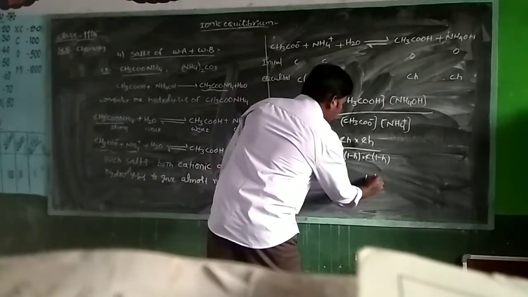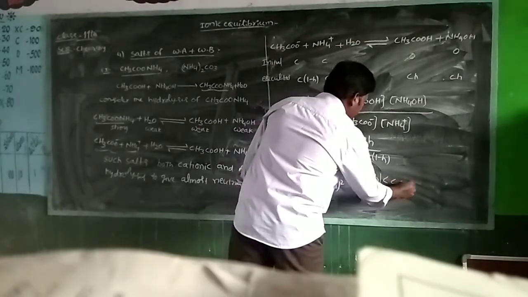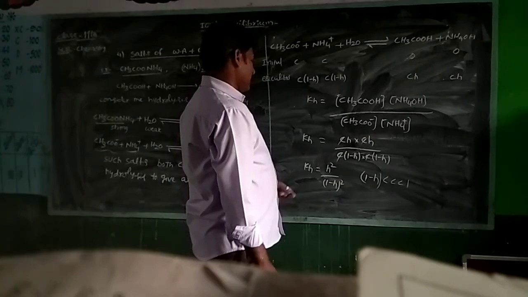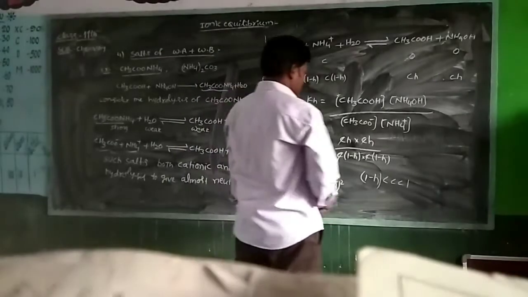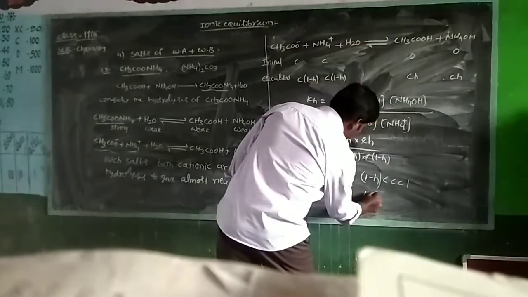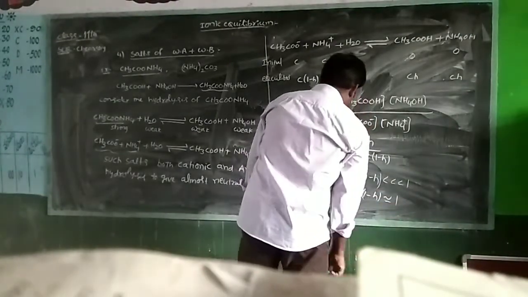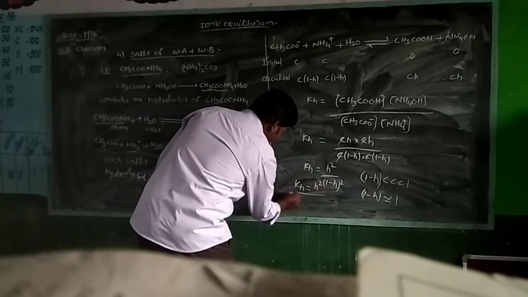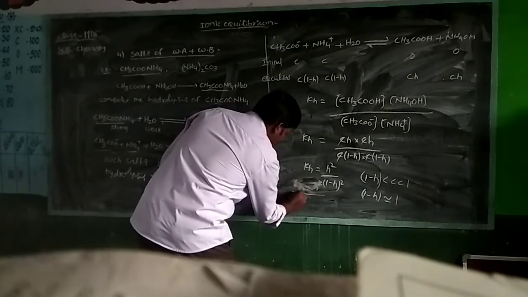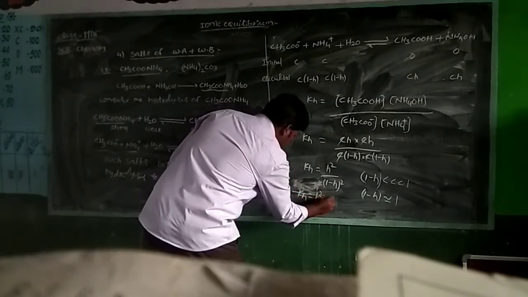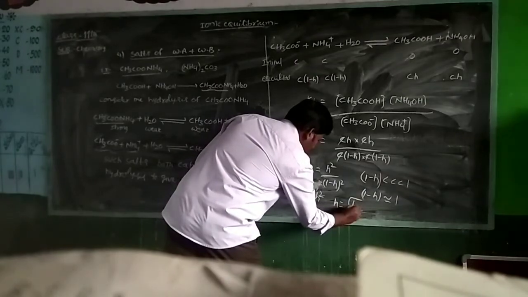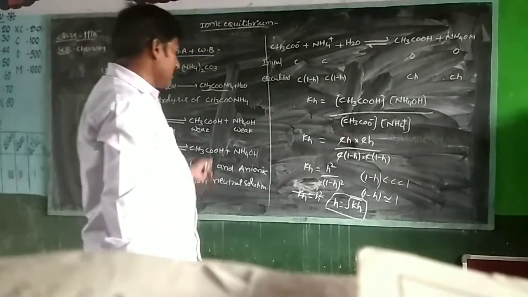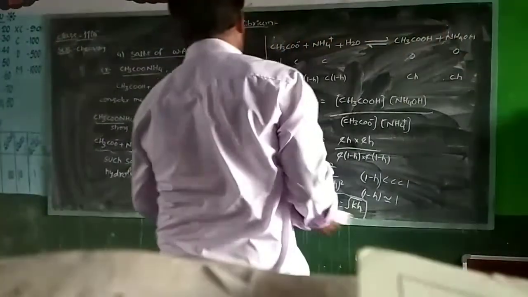Already you know that 1 minus h is approximately equal to 1, since the degree of hydrolysis is less than 1. You can write that KH is equal to h square, where h means the degree of hydrolysis. So h is equal to root KH. This is the degree of hydrolysis.